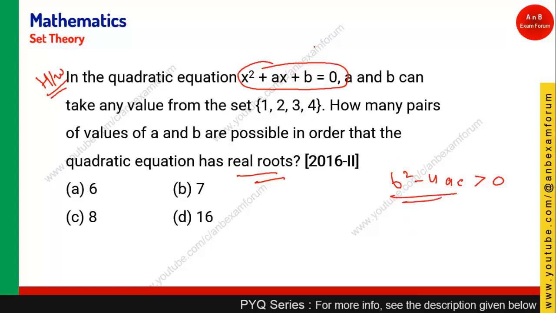B is this, so a square minus 4b should be greater than 0. These are the values which you need to put and satisfy this equation. If it is satisfied, you will get your answer for how many real roots there are in this particular equation. This question is very time consuming, so let's see who can give the answer.